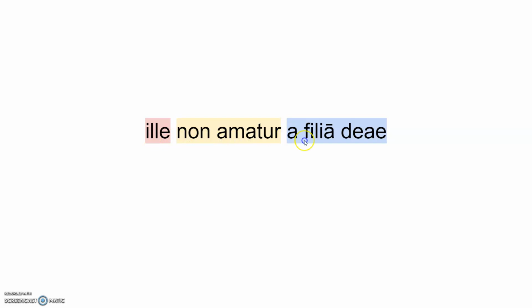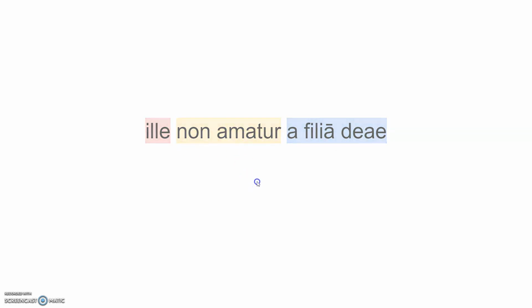But now we've added on a filia, and that ablative of agent ending is kind of the signal for you. That can mean away from, but it can also mean by, and in this case it does mean by. That guy is not loved by the daughter, and that's ablative, of the goddess. Deae is genitive because we're saying of the goddess, and that ae is that first declension ending. This is what a more typical passive sentence will look like, because you still want to know typically who's doing the action, even if the verb is passive.